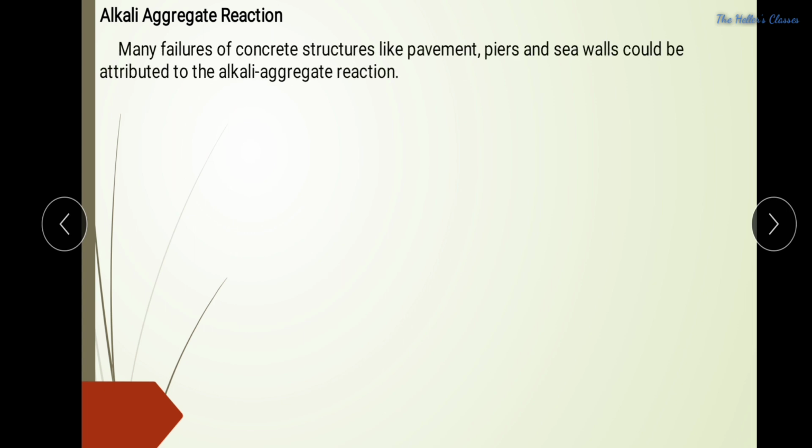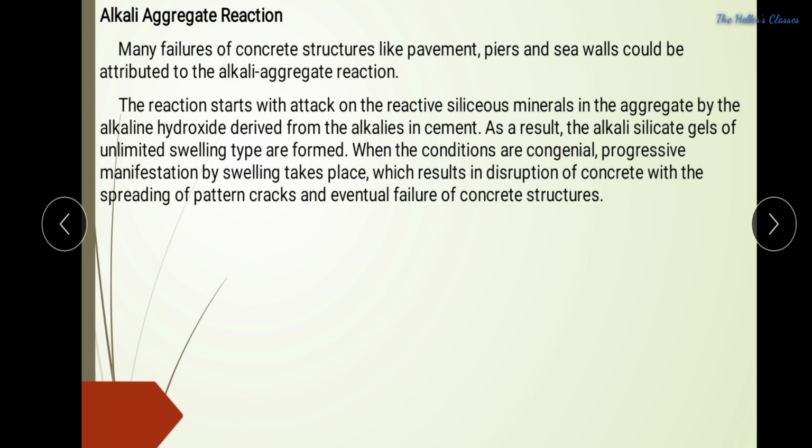Next, the most popular thing that we need to discuss is the alkali aggregate reaction. Before choosing any kind of aggregates, we need to select aggregates that are inert and won't react with the cement. Especially, cement contains some amount of alkalis.